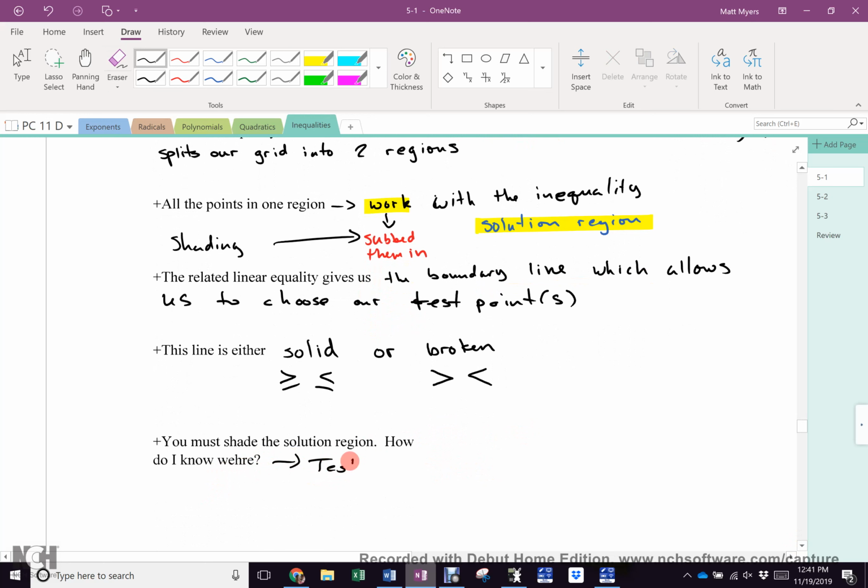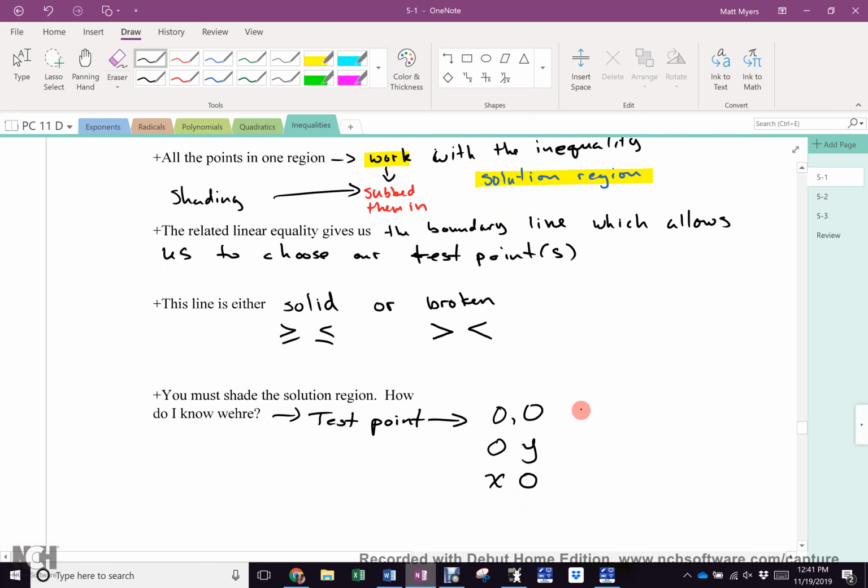Test point. What do I like to use if it's available? 0, 0. Right? If it's not available, I like to use an intercept, right? 0, y, or x, 0. One of those three.